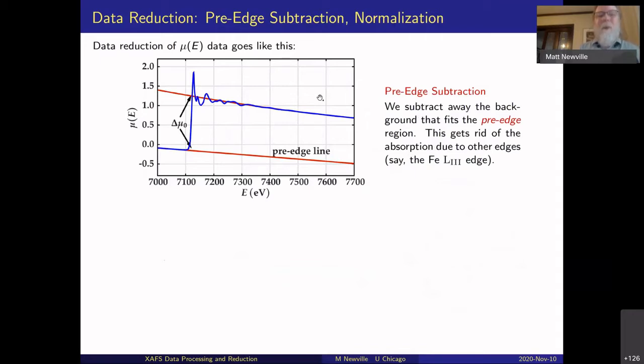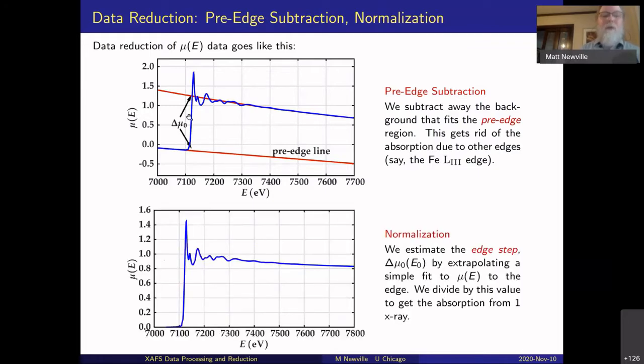So we want to fit a pre-edge line. That's going to remove the other instrumental effects, but also the absorption from lower energy edges. And then we want to extrapolate some sort of line to get the edge step so that we can divide that. So we can get a normalized mu that goes from about 0 to about 1.